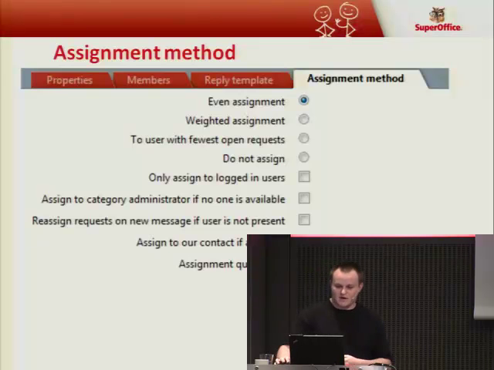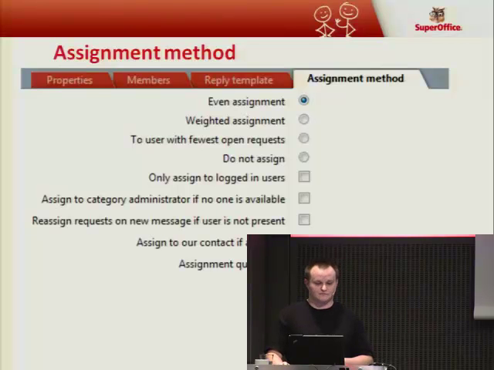And I talked a little bit about delegation of the categories. You have even assignments. For instance, if you have two members, they will get an even distribution of those tickets. You have weighted, for instance, if one of the users is more experienced than the other, so you can give them maybe 5 more requests than the other. And you have different settings as well.